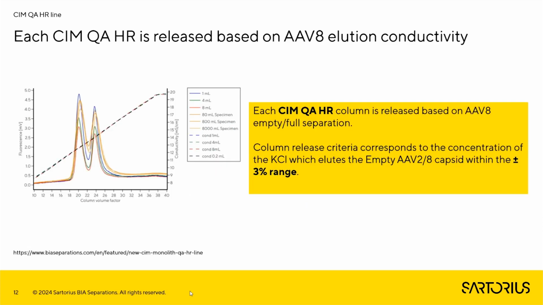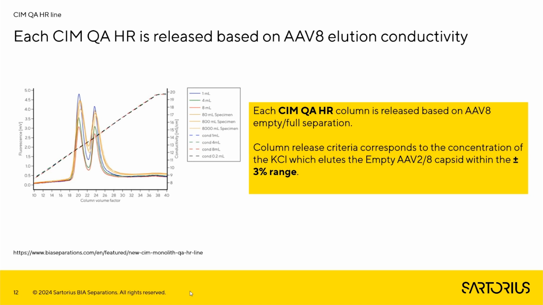And due to the fact that we didn't find an appropriate and representative molecule, each column within the HR line is now released based on specimen measurement of AAV8 empty capsid elution conductivity. On the left-hand side, we see a comparative analysis of tested columns ranging from 1 milliliter scale all the way up to the 8-liter column.